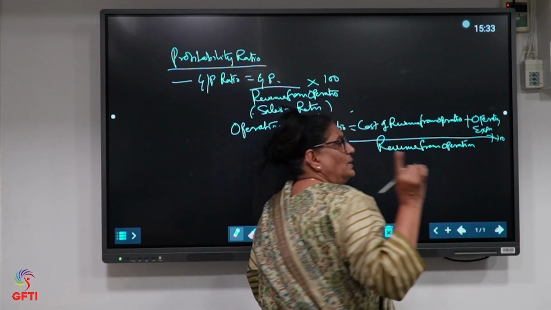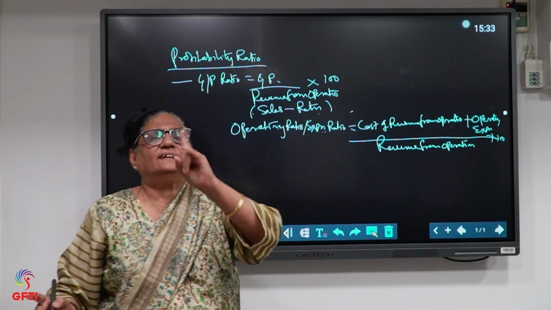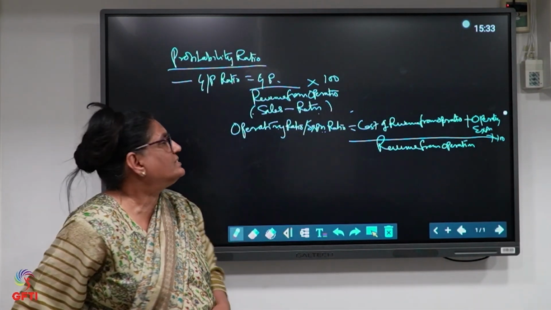It is a profitability ratio, so please see that you multiply by 100 and bring it into percentage.